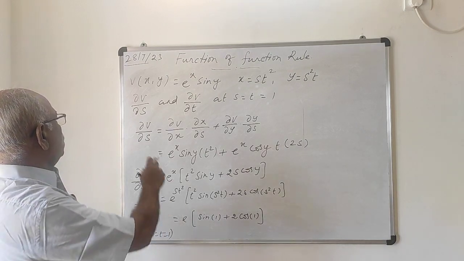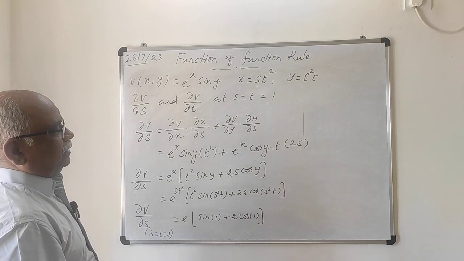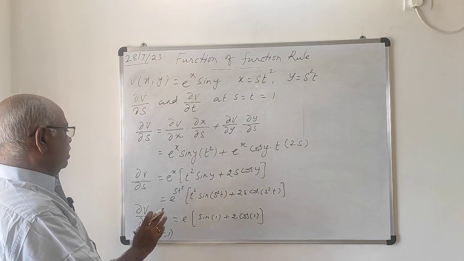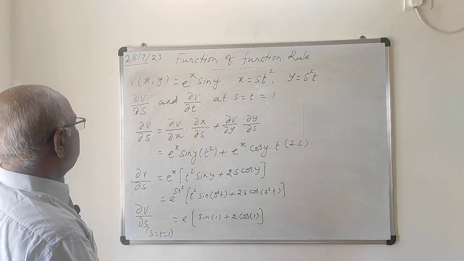Similarly, you have to find out dou v by dou t. So in the same manner, you have to find out dou v by dou t. After that, you replace s and t in terms of 1. Okay? What is dou v by dou t?